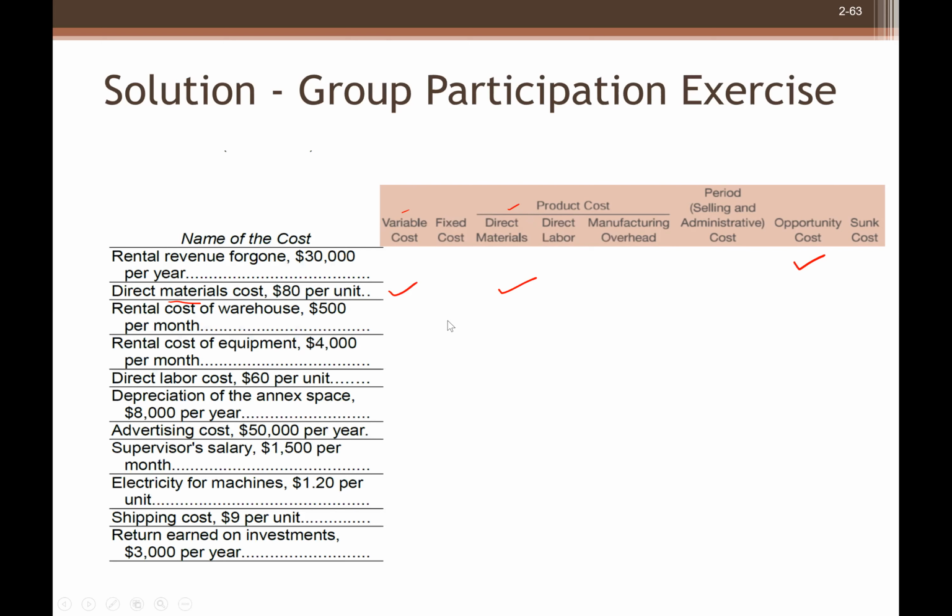Yeah, we wrote fixed costs, and you can see the results as well. Manufacturing overhead. Well done. So it's a fixed cost and it's manufacturing overhead. Well done. Group Leo, rental cost of equipment 4,000 per month.